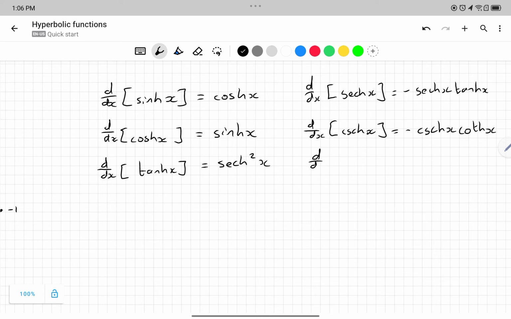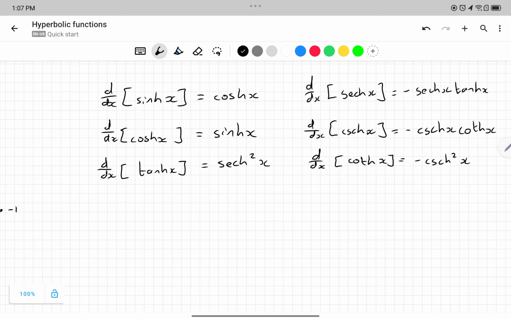And this one is going to be negative hyperbolic cosecant squared x. Alright, so these are the derivatives, as they are, non-changed, non-corrected.